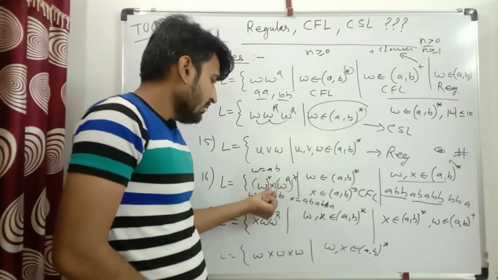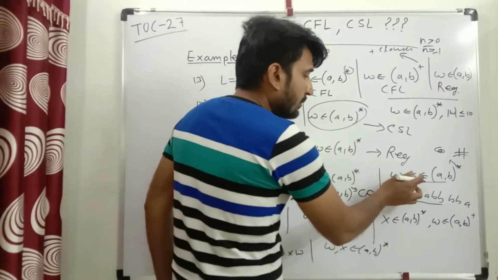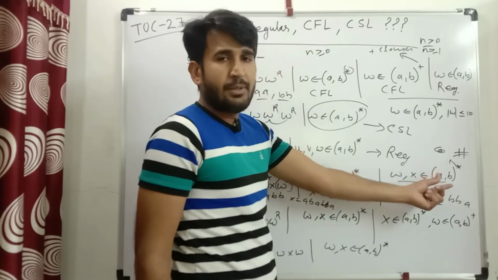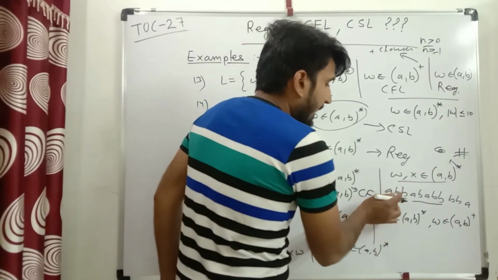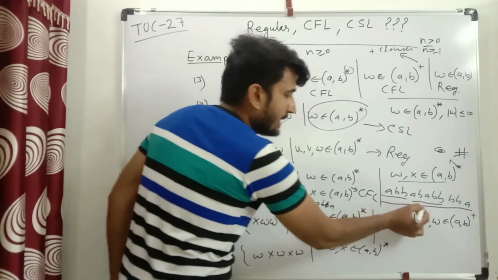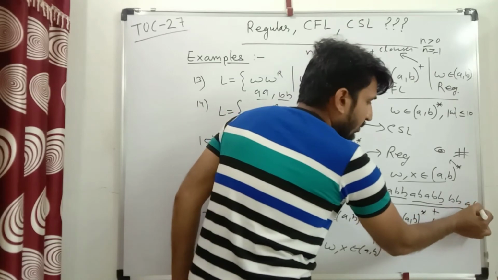For this string we can find W X, where X belongs to {a, b} star, any combination of a, b of any length. We consider only the whole thing as X. W is 0 and W^R is 0.